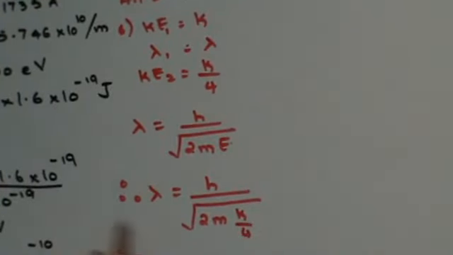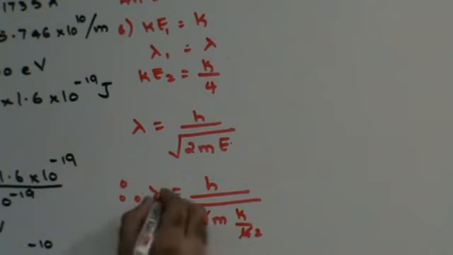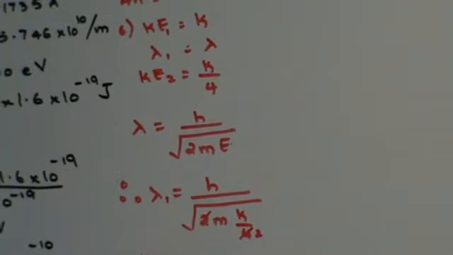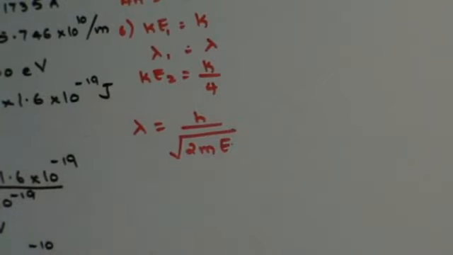Now in that case, the denominator of the denominator becomes the numerator. This is my lambda 1. So I'm just substituting. See, this is my formula.